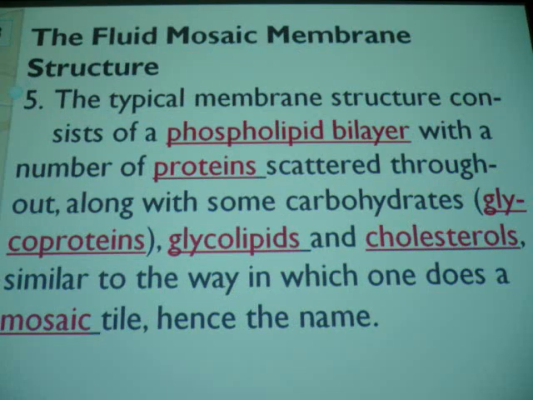Fluid mosaic is a word we use a whole lot. Most folks have no clue what that means.